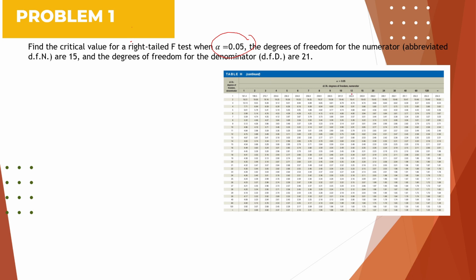So we go to 15 here and 21 there. Therefore, the critical value is equal to 2.18. That would be our critical value.